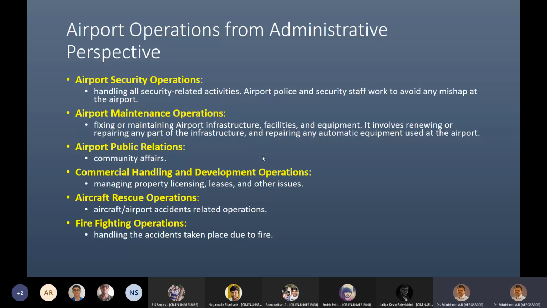The policing and the function of the security staff, which requires a lot of checkings, ensuring at any time proper law and order within the airport premises, and to avoid any mishap, and also to react quickly if there is any incident which violates the law and order in the premises. So all that, and which also includes being prepared to meet adversities.